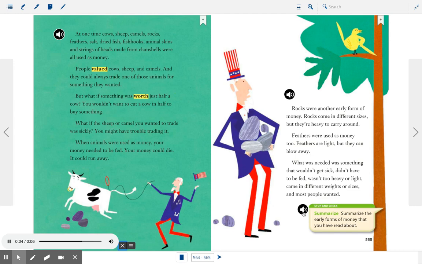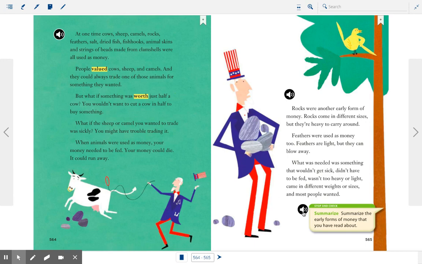Summarize the early forms of money that you have read about. Well, based on what we've read so far, if you said people use things such as animals and natural objects like berries, rocks, and feathers, you are correct. This would be another step to solve the problem.